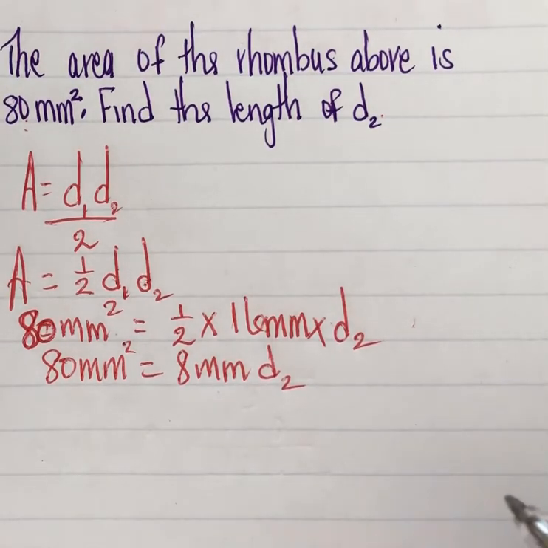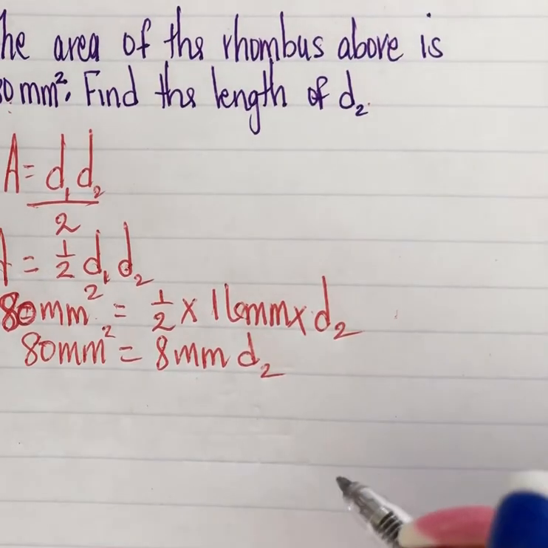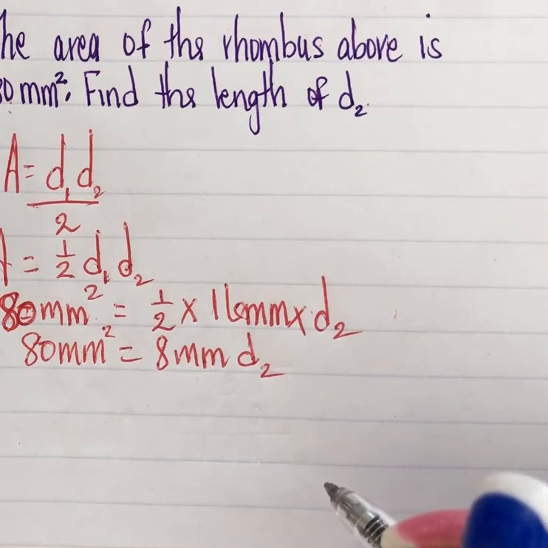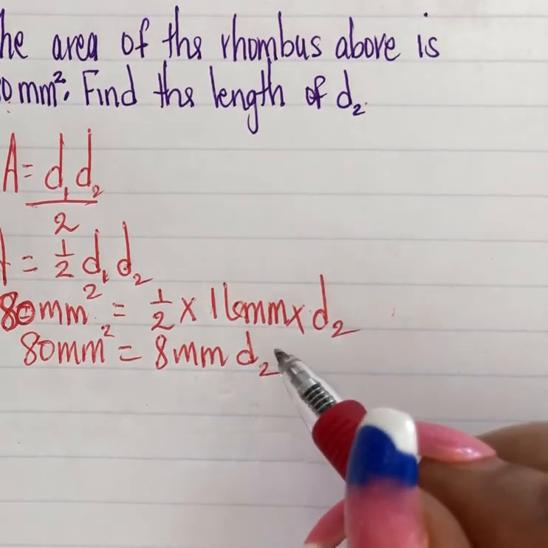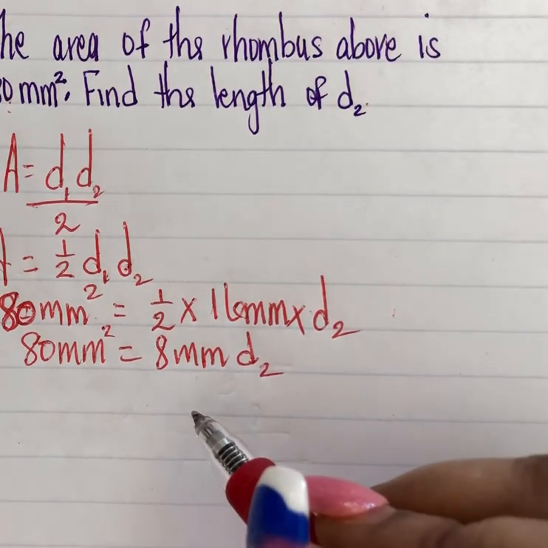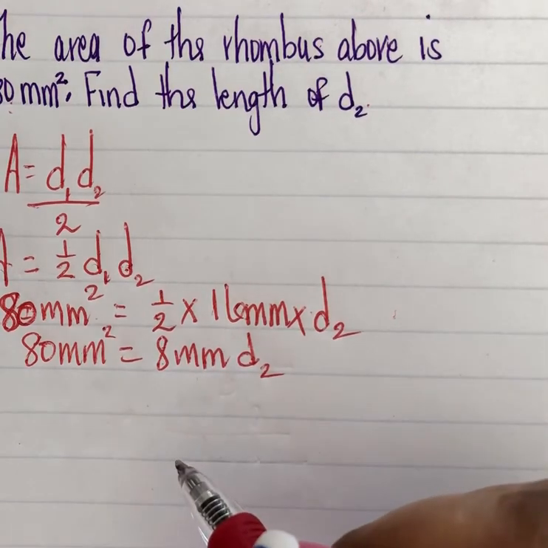We've looked at a similar problem earlier in another video, whereby we have one unknown and we treat it the same way we solve a linear equation, where we work to keep the unknown by itself on one side. My unknown is D2, that is my diagonal 2. Therefore, I want to remove 8 mm.